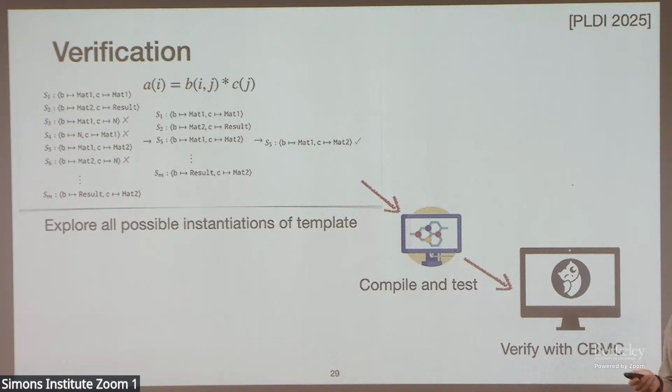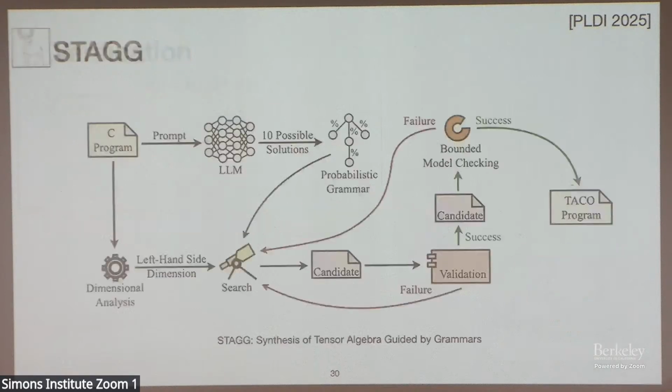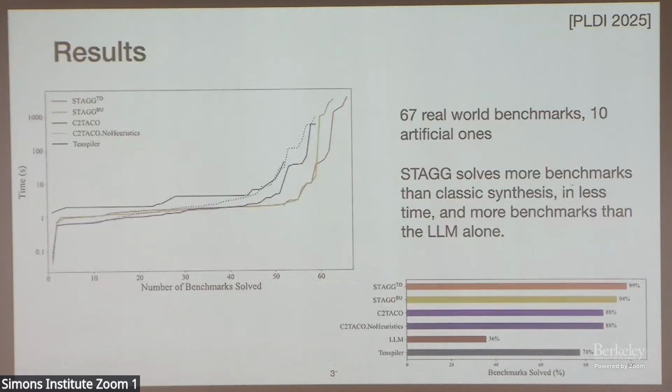For a couple of our benchmarks, we found that the floating point verification took so long that we were forced to verify with reals rather than floating points. Otherwise we just use off-the-shelf CBMC. And then hopefully we have a TACO program, which works. So we can lift more benchmarks than classic synthesis.